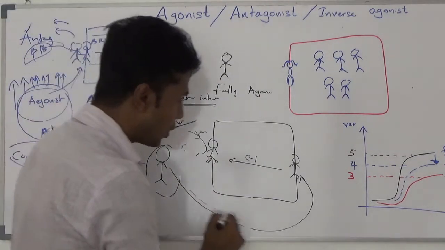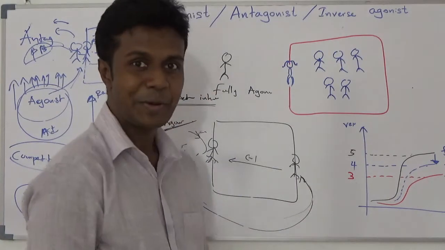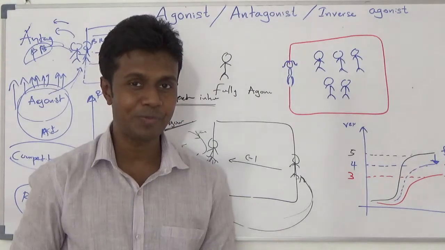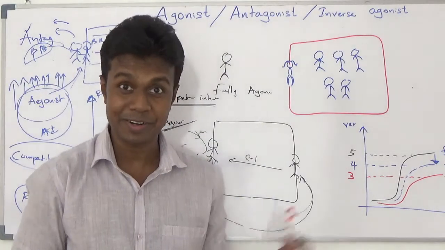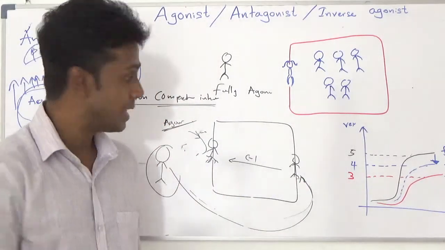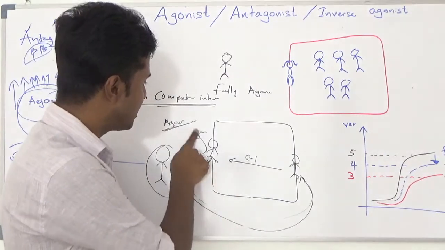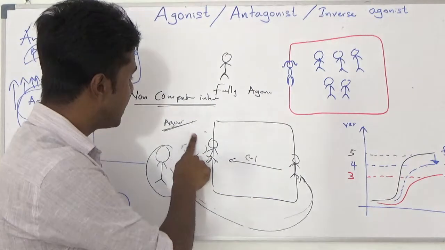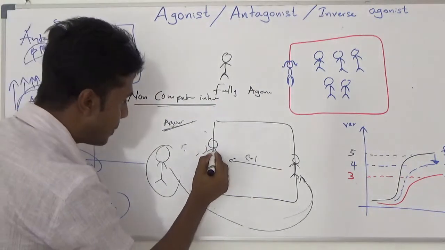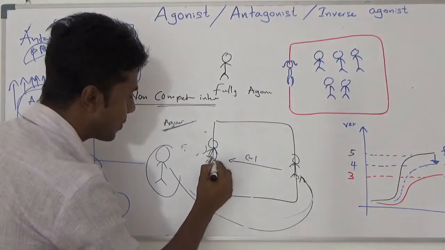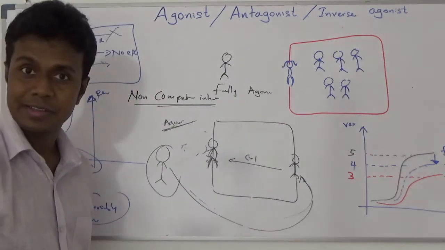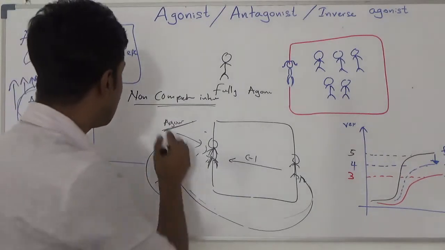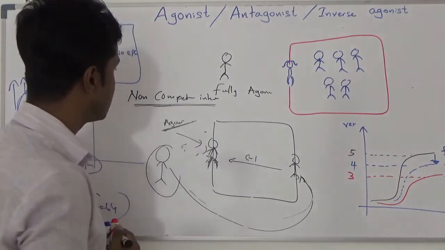This guy goes and makes an affair with someone else in the family. They send an impulse here, don't marry. Because of that, they refuse and there will be conformational changes. They refuse endogenous agonist. So this one is called non-competitive antagonist.